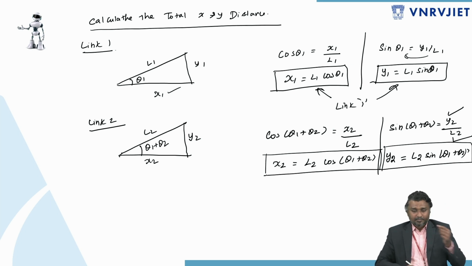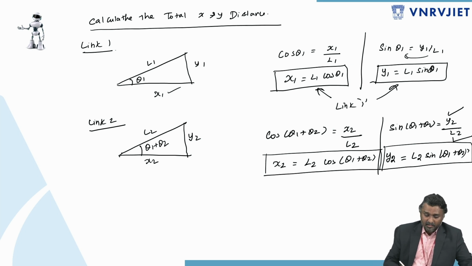Okay, so now I identified the link 1 and link 2 x distance and y distance.